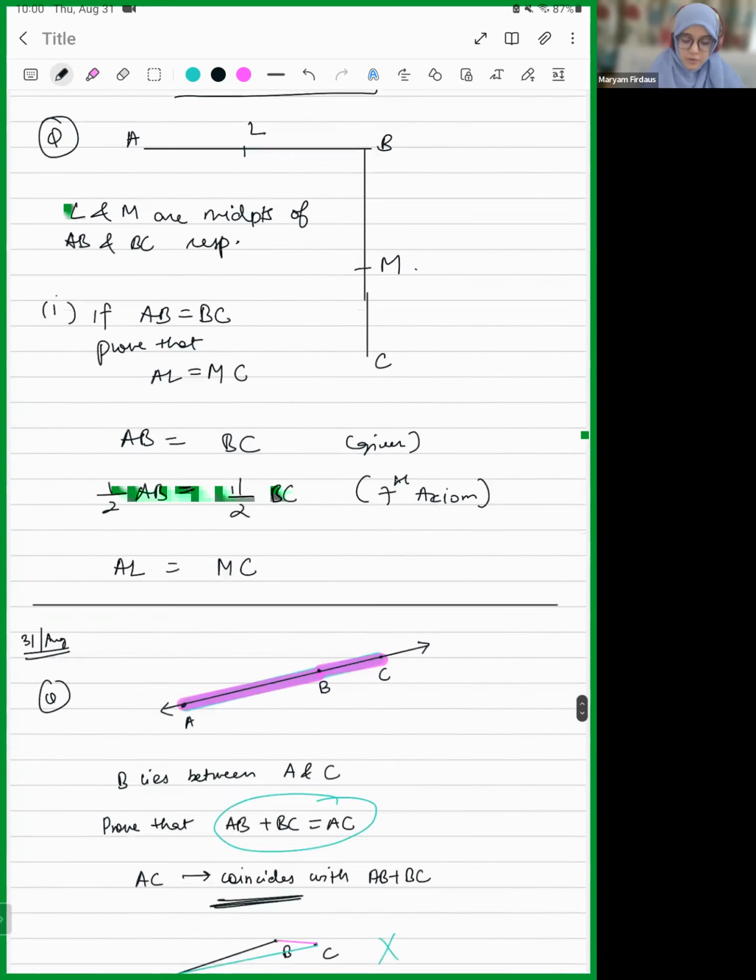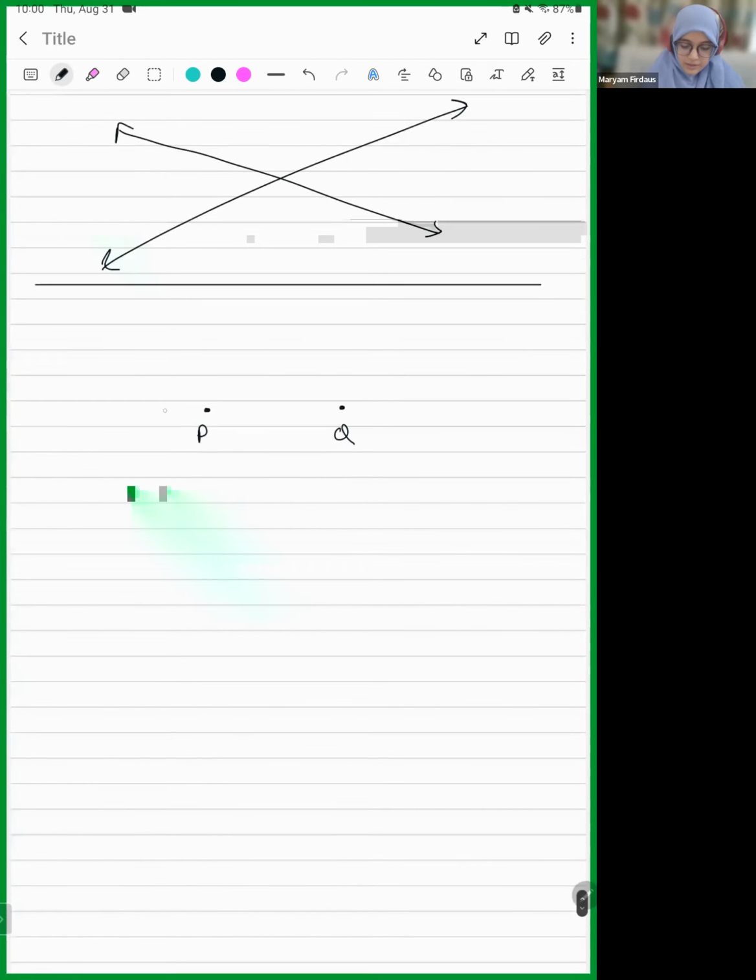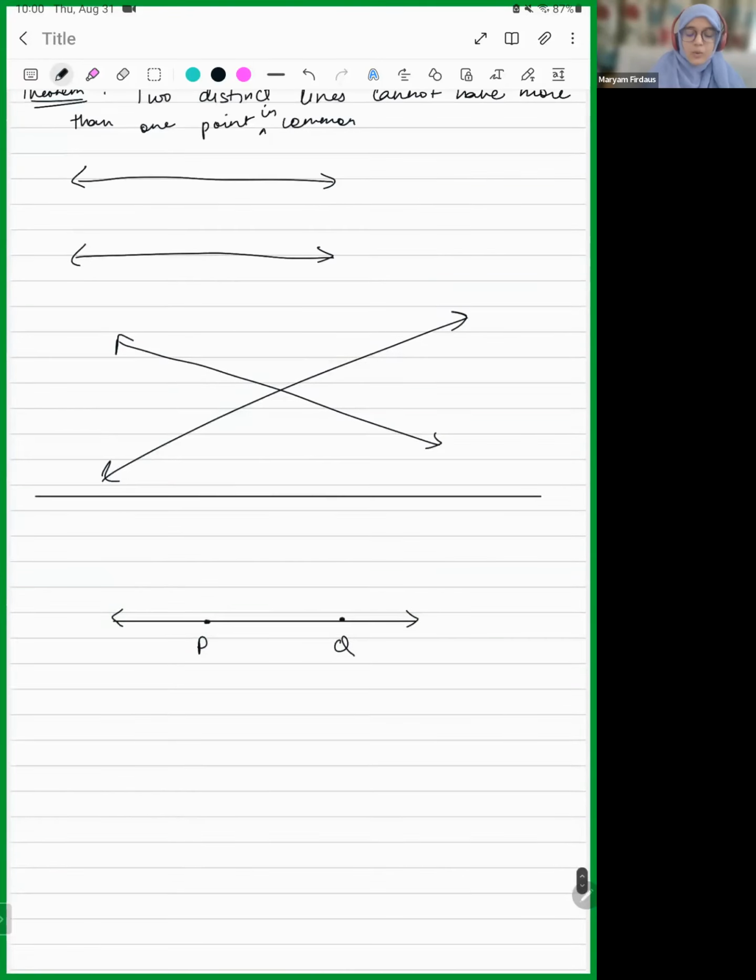So if you have these two distinct points, you can draw only one such line which passes through both of them. So that's why this assumption of ours fails. So we can conclude that two distinct lines can only intersect in one common point, or they won't intersect at all, but they cannot have more than one point in common.